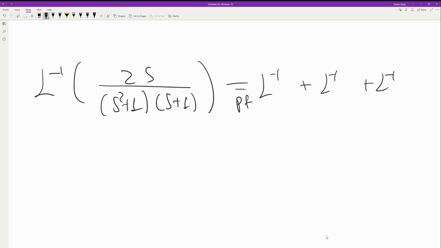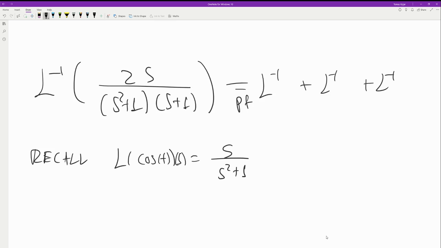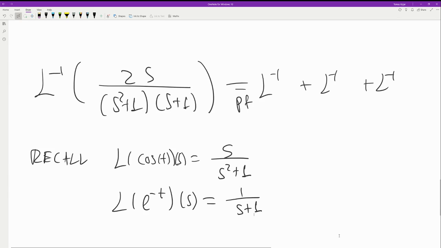All right. Recall from the table that the Laplace transform of cosine is s over s squared plus 1. And the Laplace transform of e to the minus t is 1 over s plus 1.